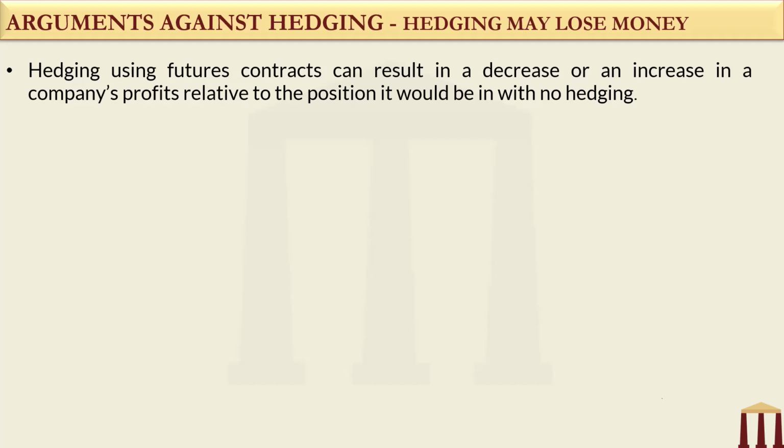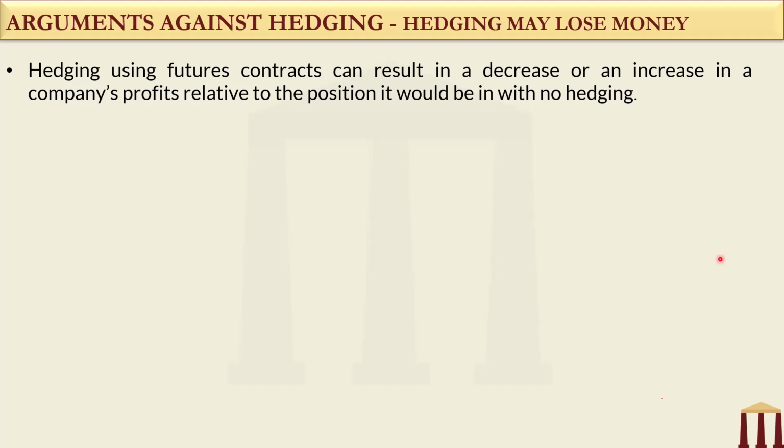Futures contracts, if you enter into them, don't have an inherent cost associated with them. But if jewelry makers use options to hedge, and prices move in their favor, they would not like to exercise those options. Then the options will expire worthless, which will lead to a loss of premium. So even that can dent your profits. So there's always a trade-off between futures and options with respect to this premium.